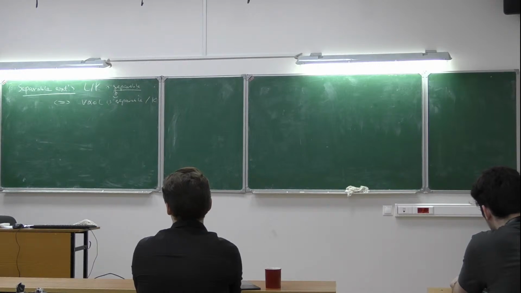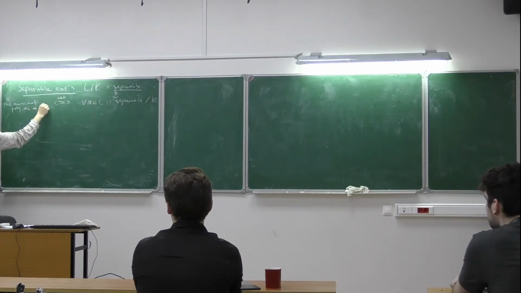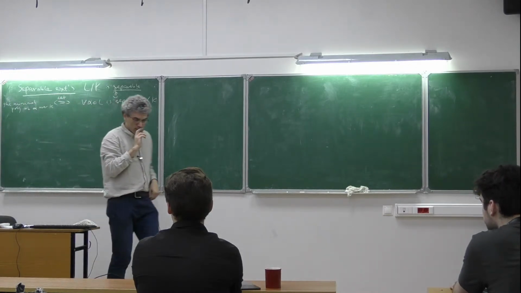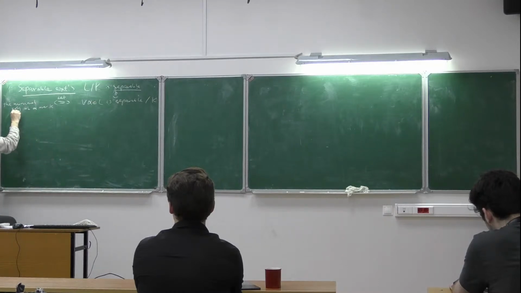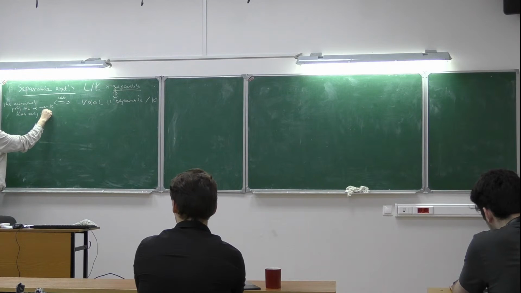By definition this means that the minimal polynomial of alpha over K doesn't have multiple roots, so it has only simple roots.